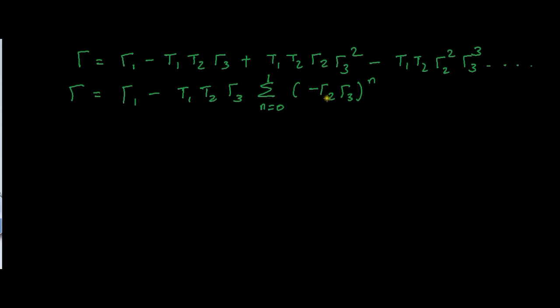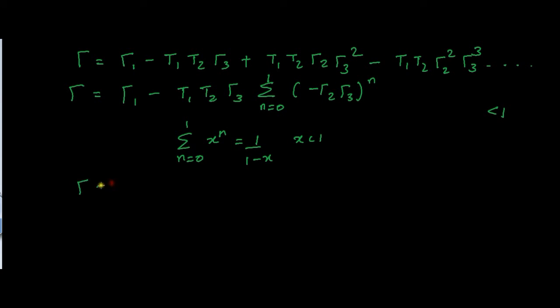both this reflection coefficient 2 and reflection coefficient 3, that is the product of these two, will be less than 1. So we can make use of this identity, then the summation of n is equal to 0 to infinity of x to the n, if x is less than 1, then the value of this will be 1 over 1 minus x. So we can make use of this equation.